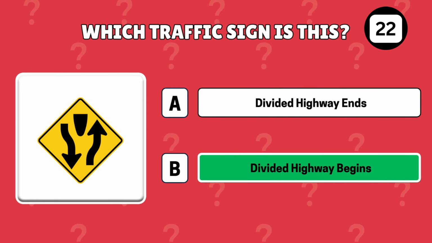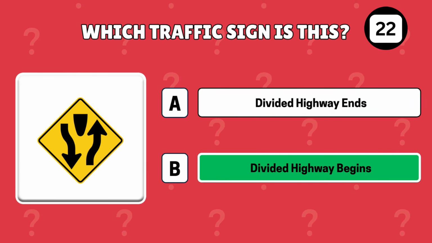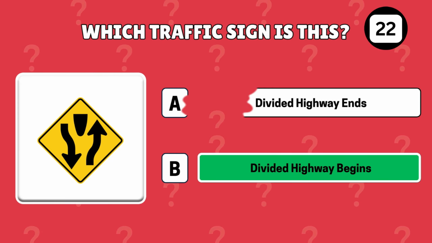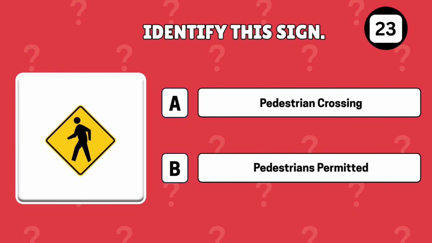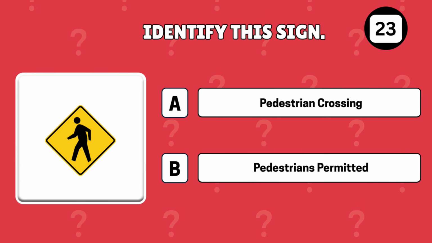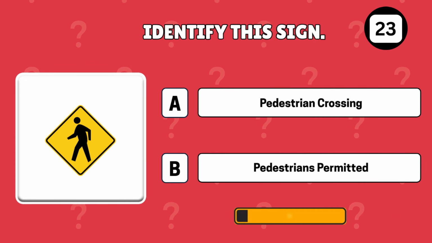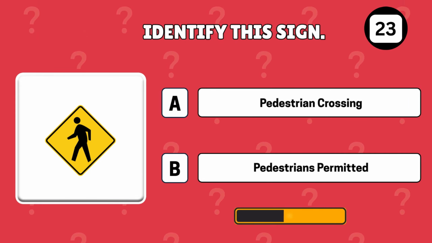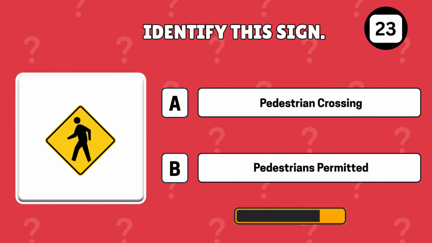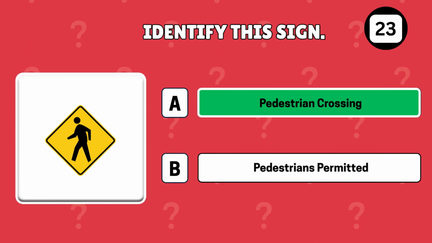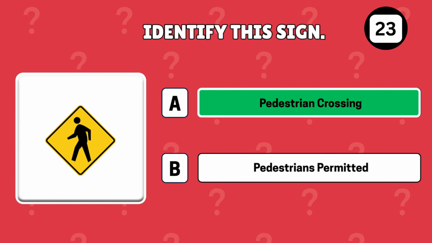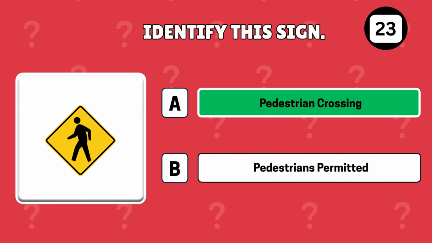That's right. This is the divided highway begins sign. Identify this sign. A. Pedestrian crossing. B. Pedestrians permitted. That's correct. This is the pedestrian crossing sign.